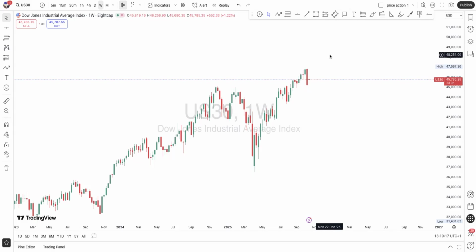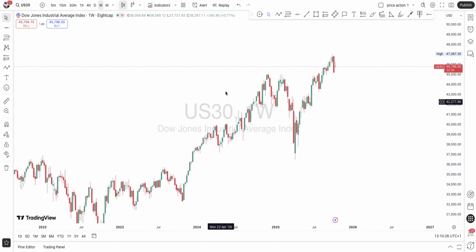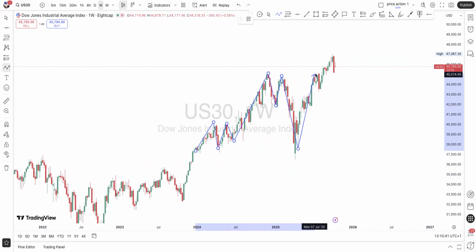So let's go straight to US30 and the overall direction of the market. We can see that US30 has been trending, with a series of trends and consolidation right here. It created a double top right here, then this was the neckline, and it continued this phase of the market.